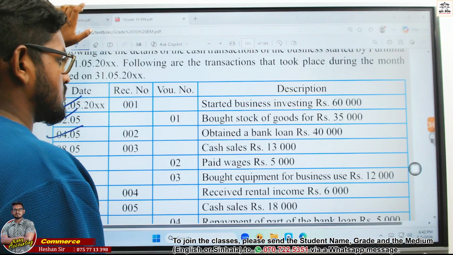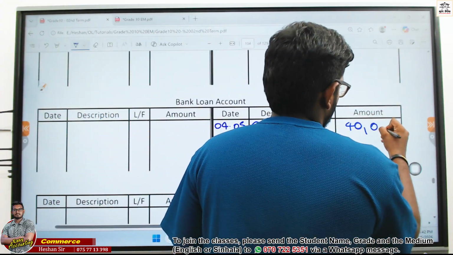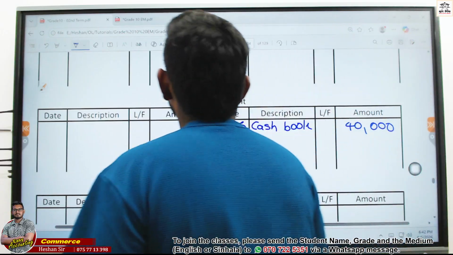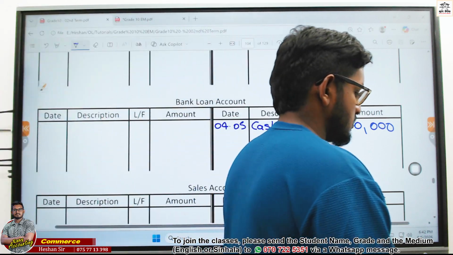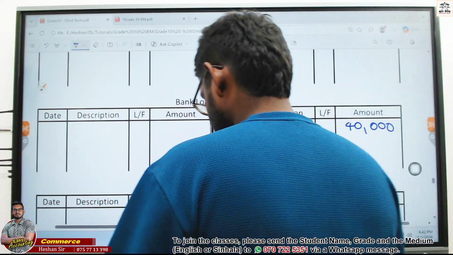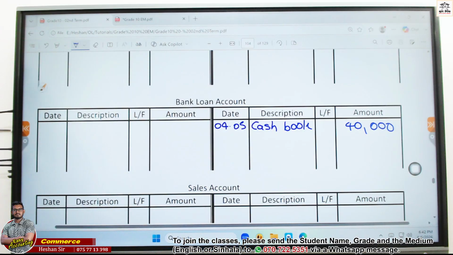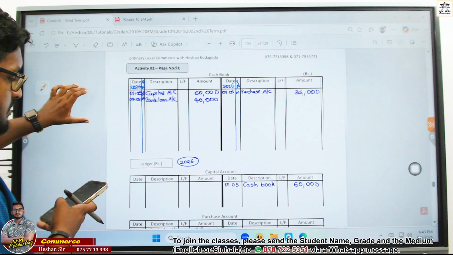How much? 40,000. Cash book debit, bank loan credit. Next transaction.